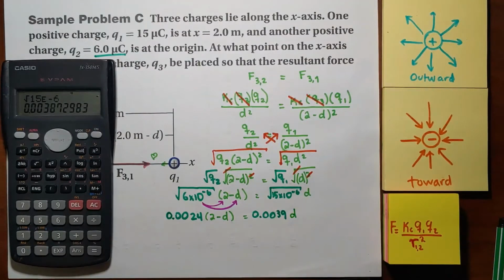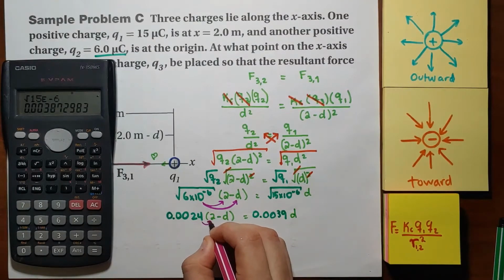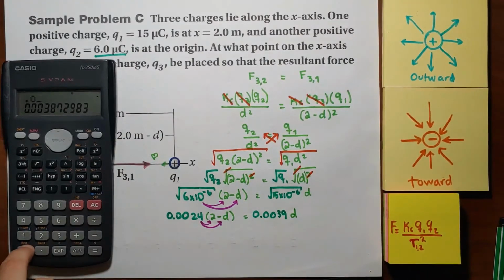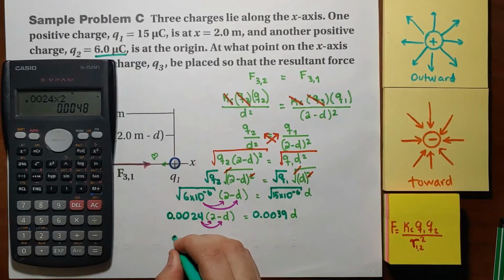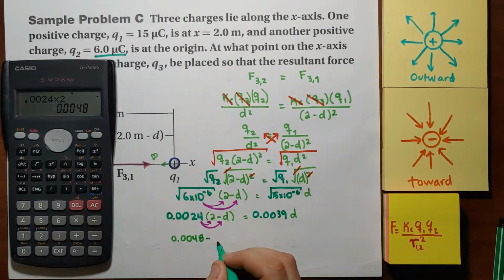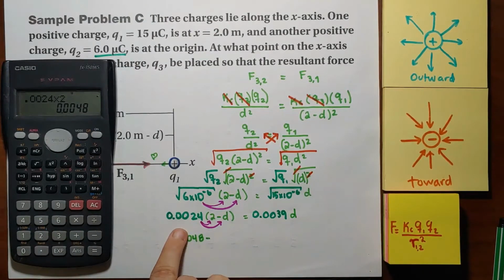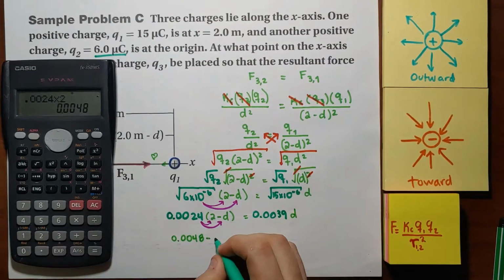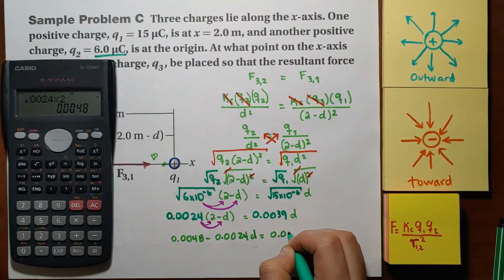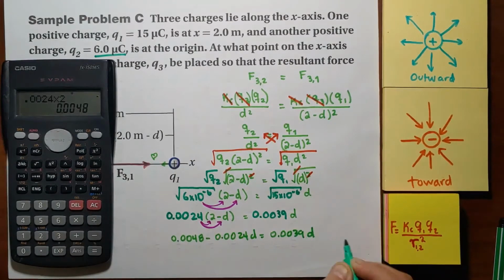So right now I apply the distributive property. 0.0024 times 2 gives me 0.0048 minus 0.0024 times d gives me 0.0024d equals 0.0039d.